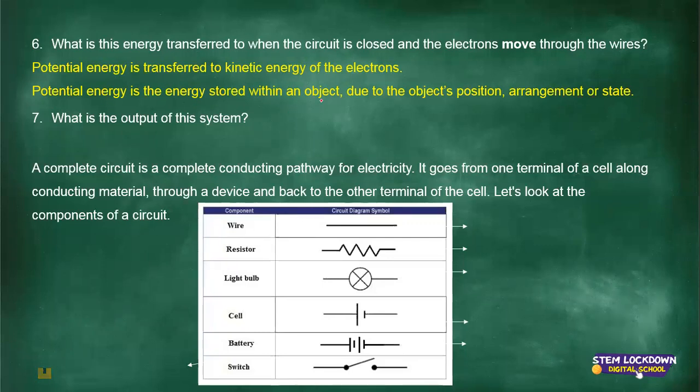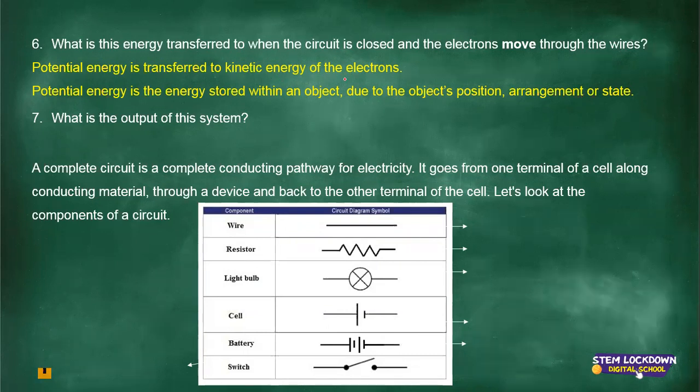Potential energy is energy that's not moving, and it's due to the object's position and arrangement or state. So potential energy is transferred to kinetic energy. Kinetic energy is moving energy.